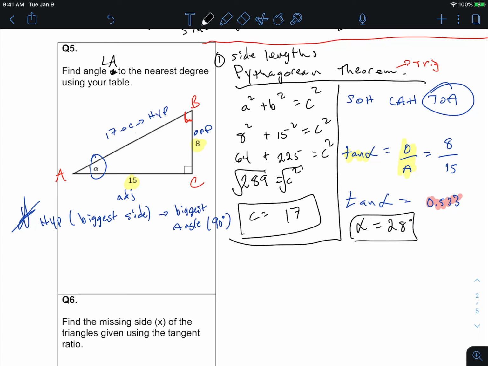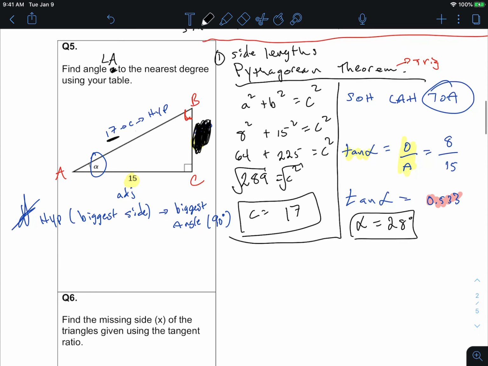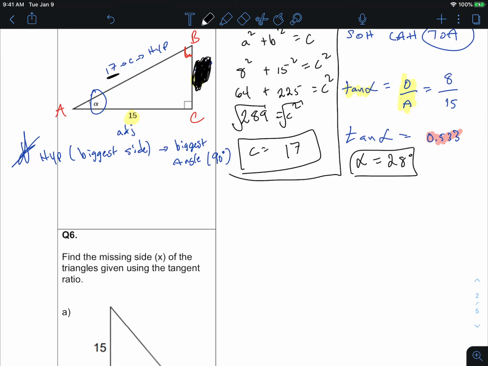Now, for a second, pretend that this question didn't have the opposite anymore, so you need to find the hypotenuse. We found the hypotenuse, but pretend that we didn't do all of this work here. So you're given the fact that it's 17 in the question. Your job now is to answer the same question.